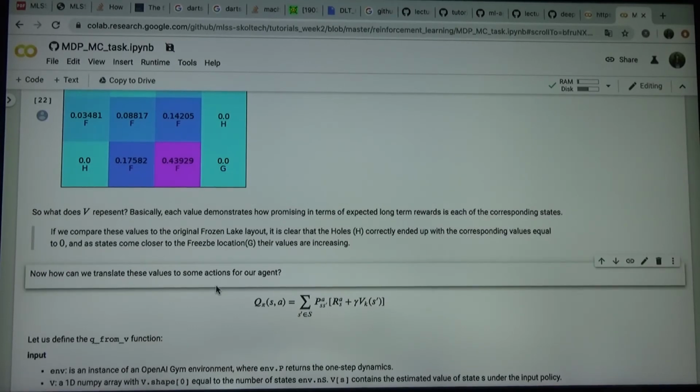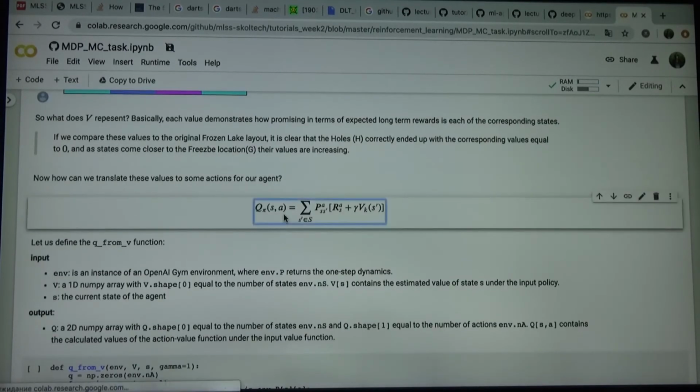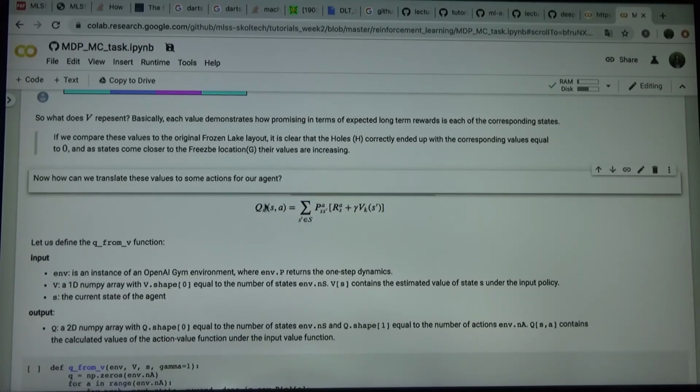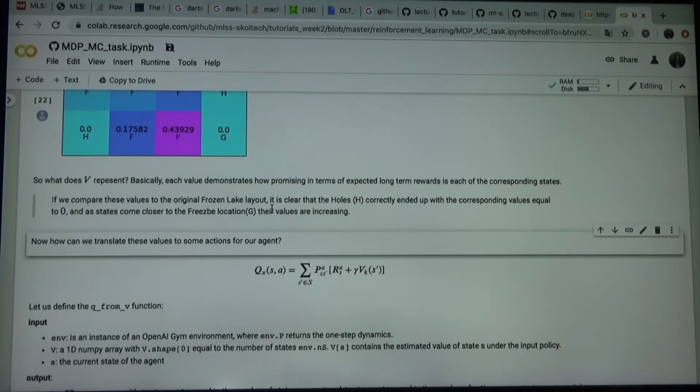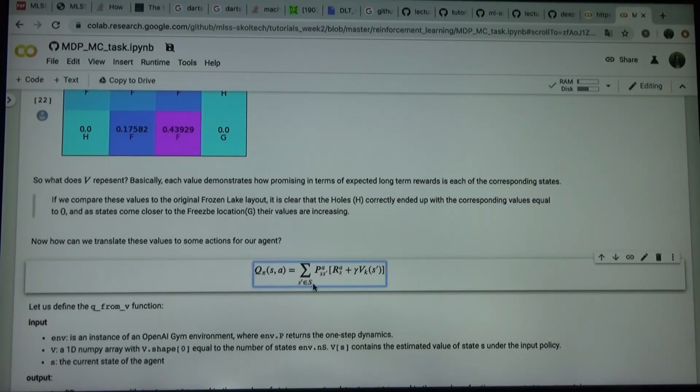But if you remember from the lecture, we have another very important function, which is called the Q function or action value function. It seems similar to the value function, but the very important intuition is that if the value function represents each state and how promising it is in terms of rewards, this Q function represents how promising in terms of rewards a particular action performed in a particular state will be.